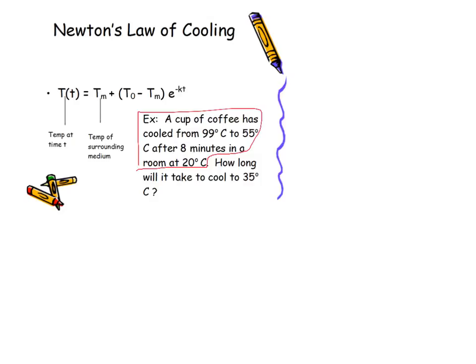I'm going to use this whole scenario to determine what the K value for coffee is. That will allow me to come back and do the second part, which says how long will it take to cool to 35 degrees. Well, it's only gotten to 55 degrees, so we're looking for it to cool off more.